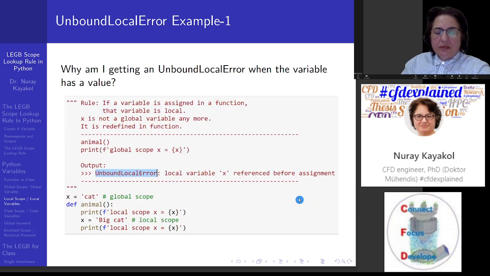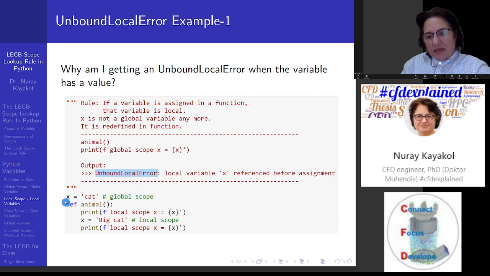Let's go over to another example. Here is the question: why am I getting an unbound local error when the variable has a value? This one is very important because you might get this error message several times. So let's see what is written in this piece of code.